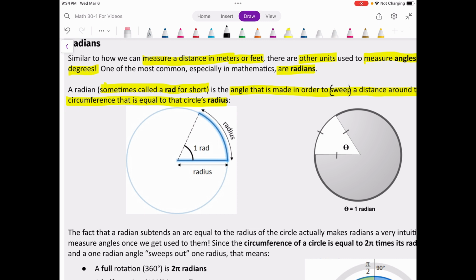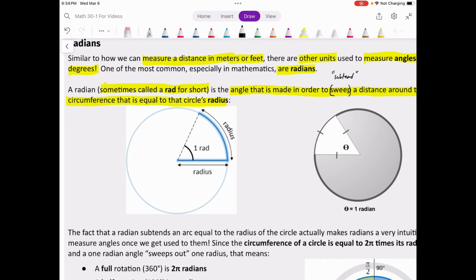Sweep is like subtend. That's the proper term. Okay. We've subtended an arc along the circumference of the circle that is exactly one radius long. So this here and this here are equal, making the angle that we've moved through here, by definition, one radian.